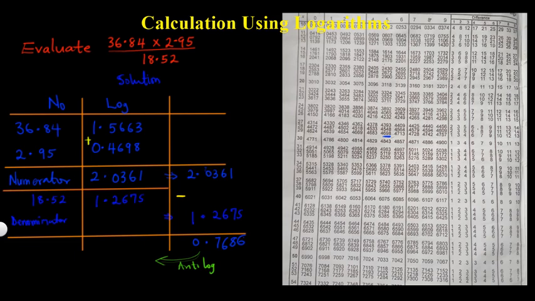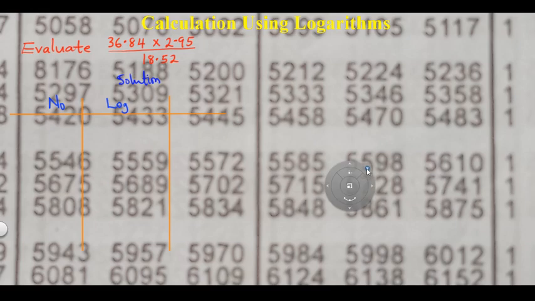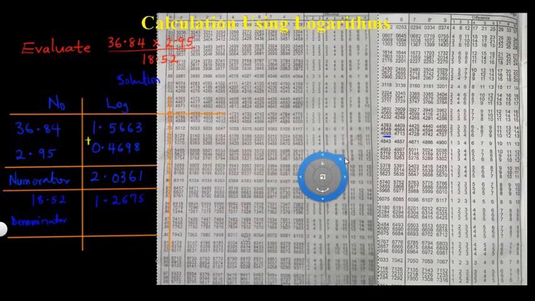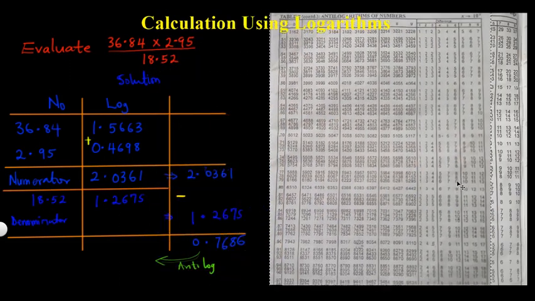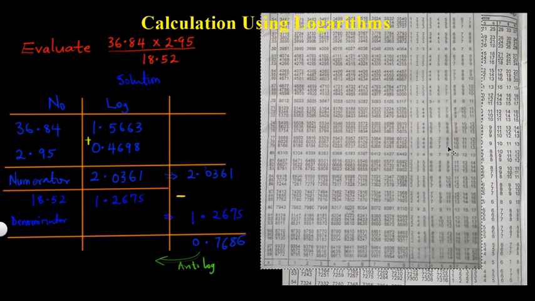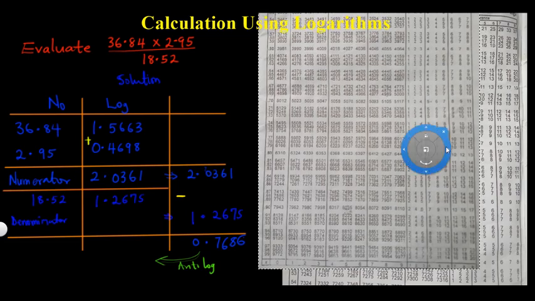This is the antilog table, and we are checking the antilog of 0.76. 76 under 8 is 5861.